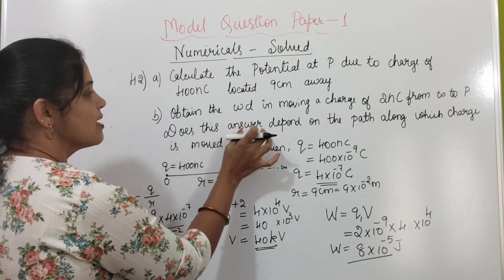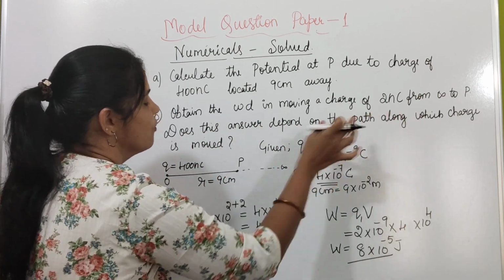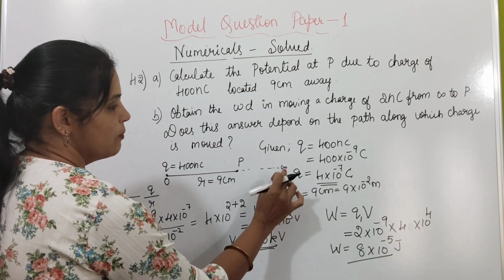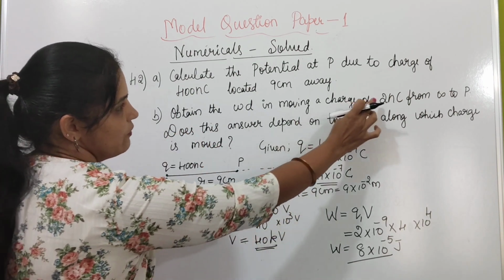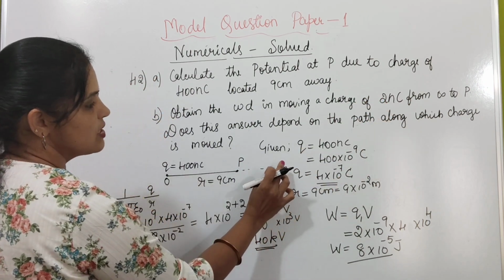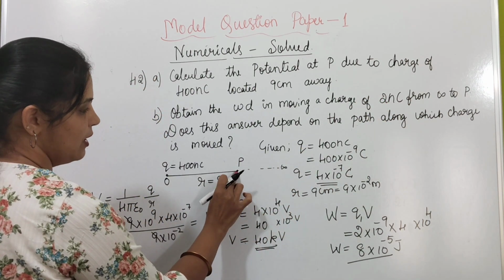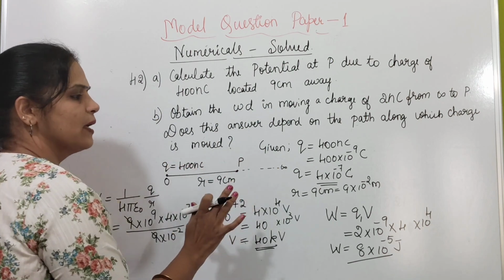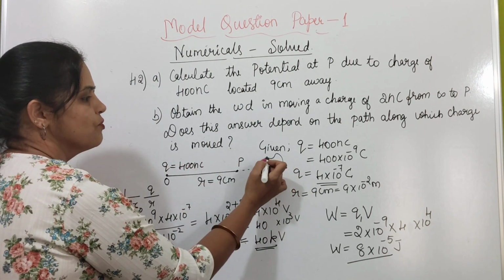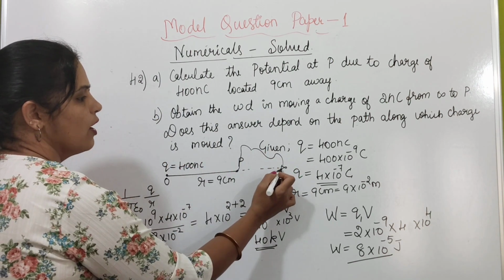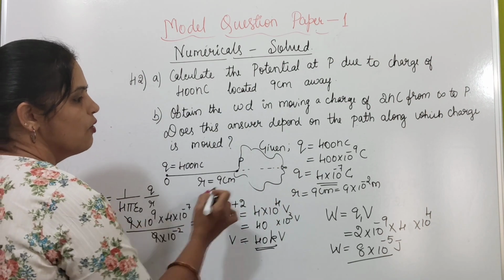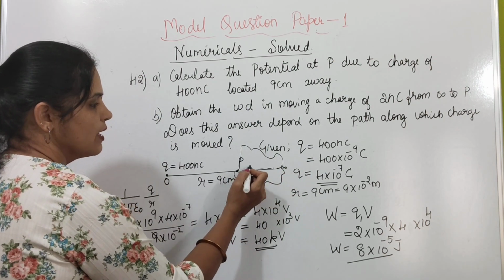Here, does this answer depend on the path along which the charge is moved? See, when the charged particle, the 2 nanocoulomb, is moving from infinity to the given point against the electric field, whatever path it follows, it may move like this to this point, or move like this and finally come to this point, or come directly to this point.